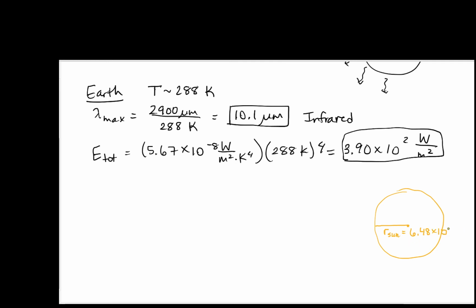So 6.48 times 10 to the 5 kilometers is the radius of the sun. And so when we talk about the energy that it's giving off, it's giving it off from that particular radius. So those little 1 meter squared units, right? So the Earth is a lot further away than that. And of course, this is not going to be to scale, but let's just say that here's our little blue-green dot of the Earth.